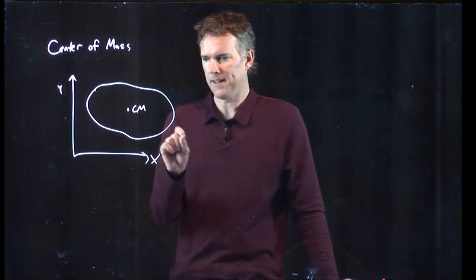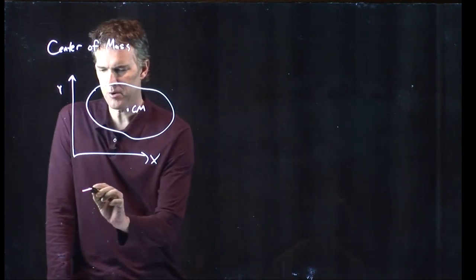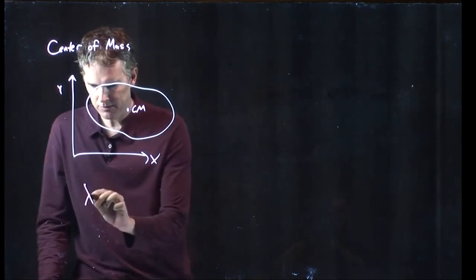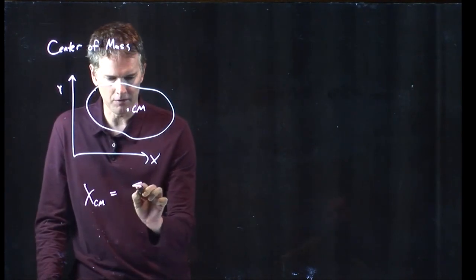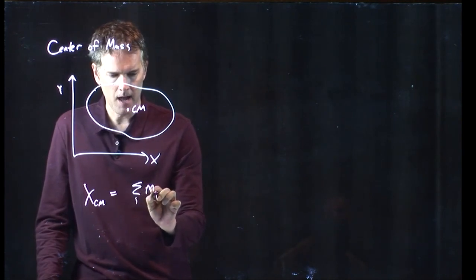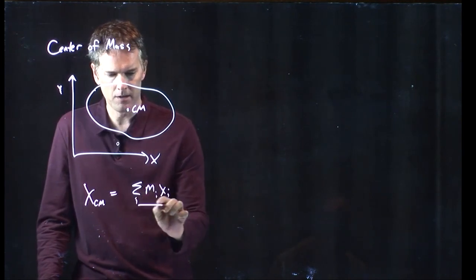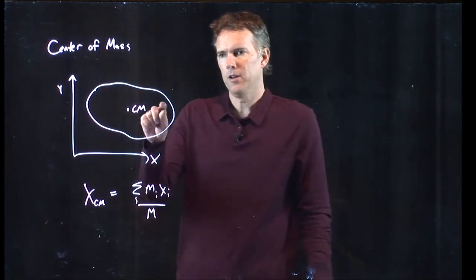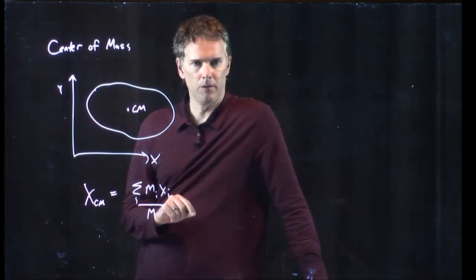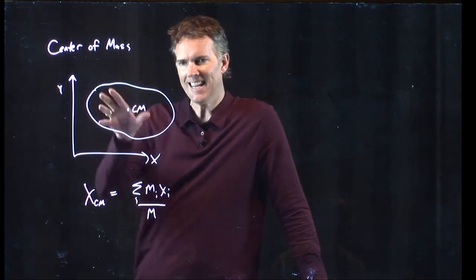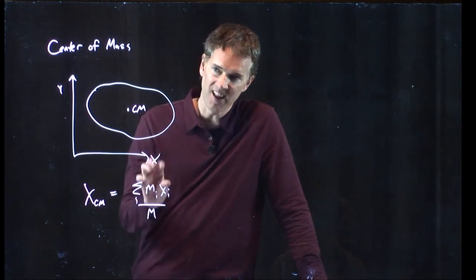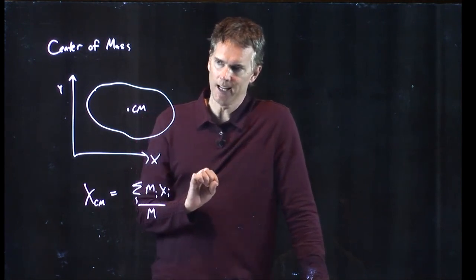Well, what we said last time was if we have discrete particles, we can write x center of mass is the sum over i, m sub i, x sub i divided by the total mass. But we don't have individual particles anymore. We have a continuous distribution of matter, and so we need to change this thing into an integral.